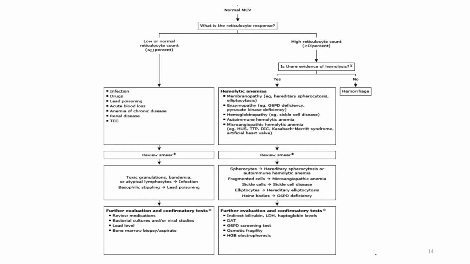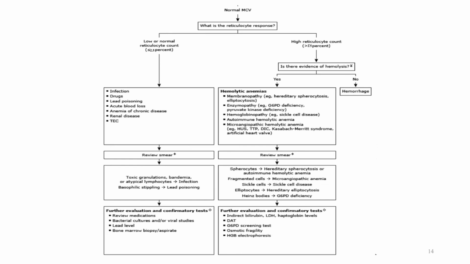If there is a possibility of hemolysis, we will further work it up with a review of the smear. In the smear, we look for spherocytes. If we find spherocytes, then the chances of hereditary spherocytosis or autoimmune hemolytic anemia are there.